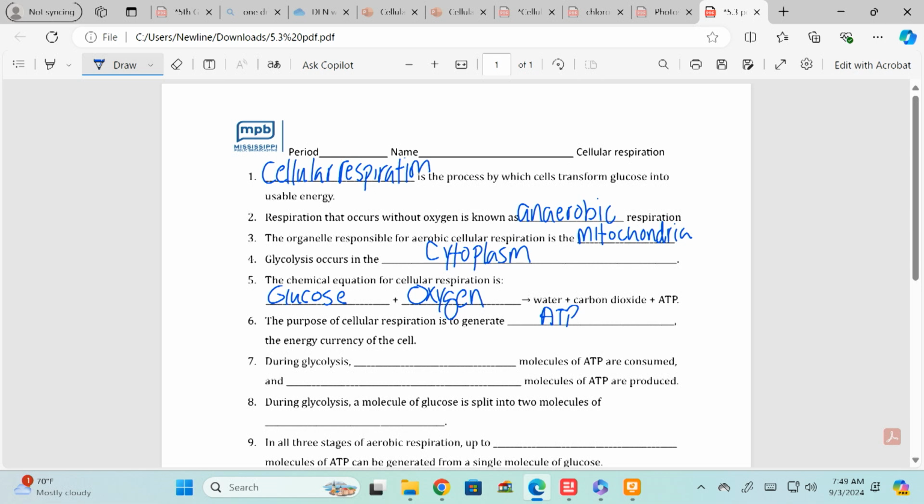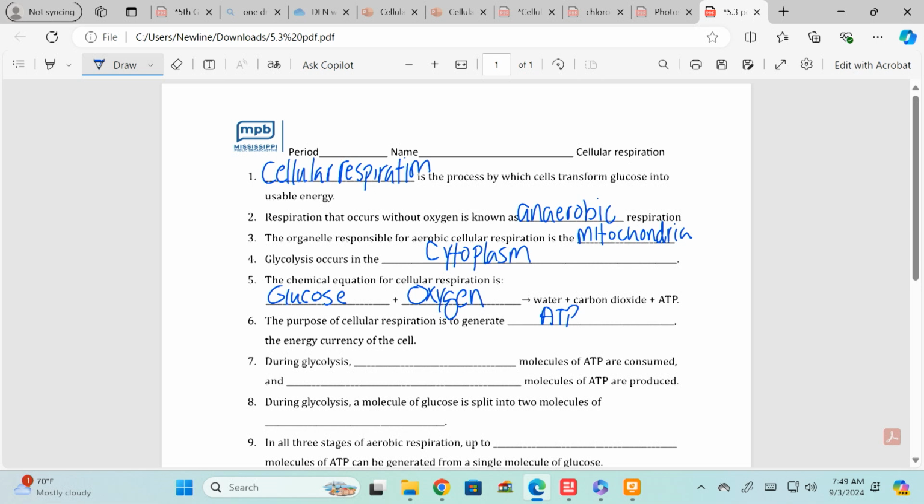Number 7, during glycolysis, blank molecules of ATP are consumed and blank molecules of ATP are produced. I think I just mentioned it briefly. So in glycolysis, we have to spend some ATP to make ATP. It's kind of like you might have heard, you gotta spend money to make money.